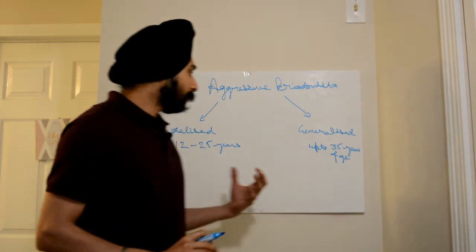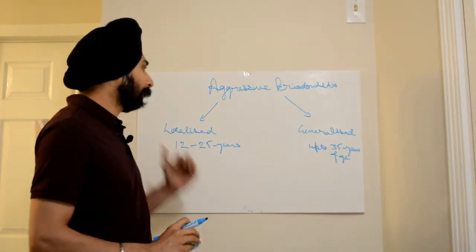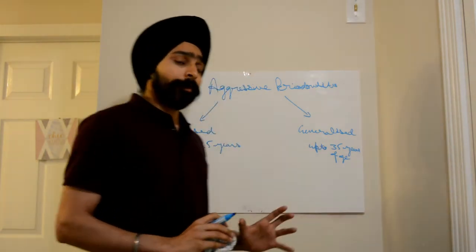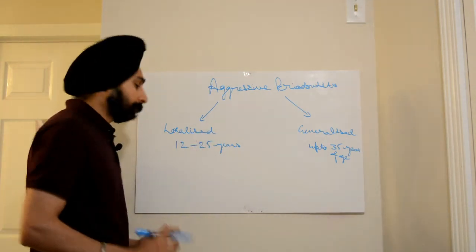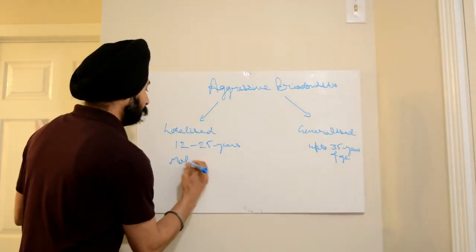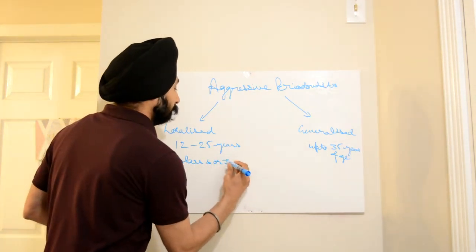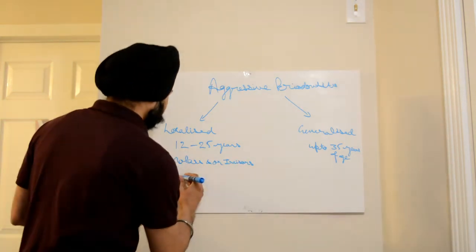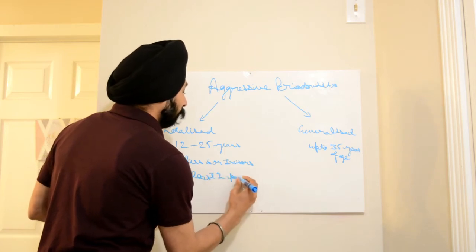In these conditions, how to differentiate whether the aggressive periodontitis is localized or generalized? Always remember, when it is localized, molars and or incisors are involved.